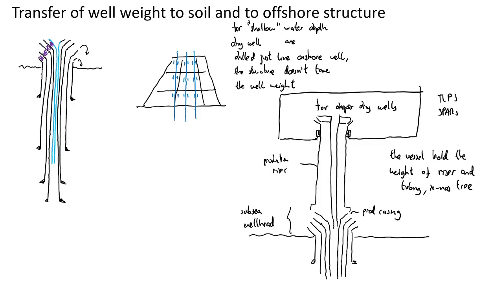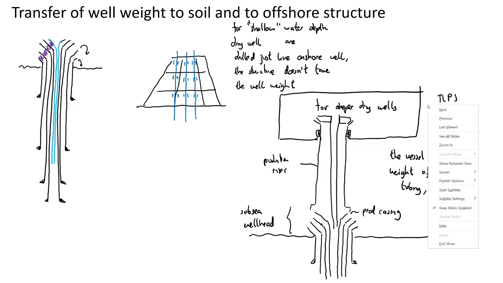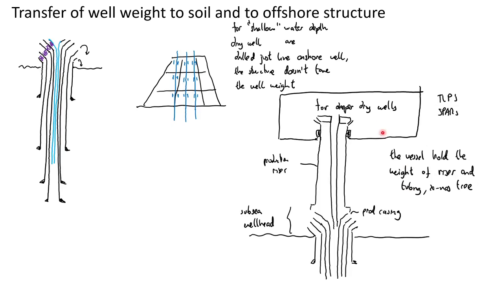Okay, one thing that is important to mention is that this causes an issue. You see that this guy, if he's floating, is going to be moving up and down. It has significant movement up and down. While this support shouldn't move up and down together with the vessel, because then it means that it's stretching and shrinking the riser, or maybe moving it left and right.